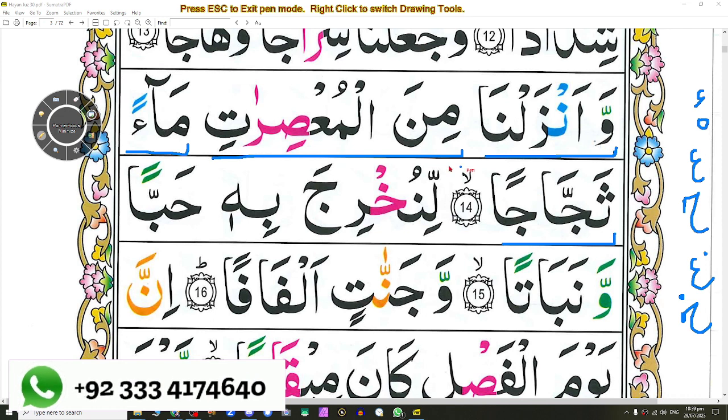Wa anzalna, minal mu'sirati. Minal. Minal mu'sirati. Not muh, it is ayn here. It comes from the middle throat. Meem will be connected with ayn, making it deeper.